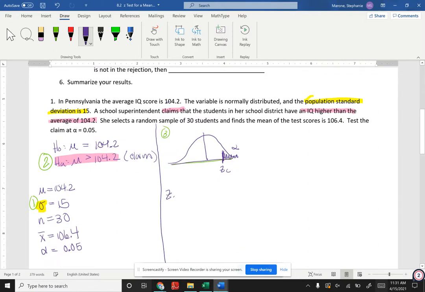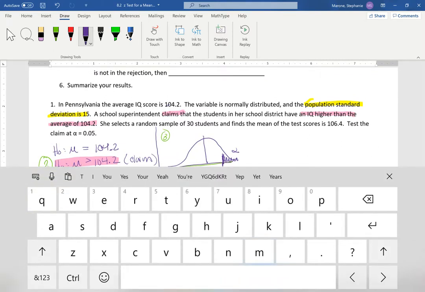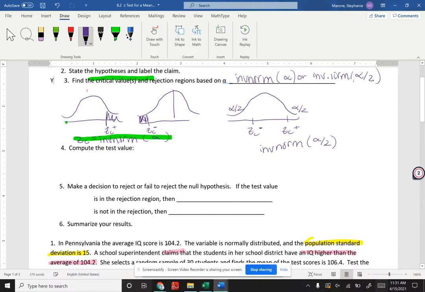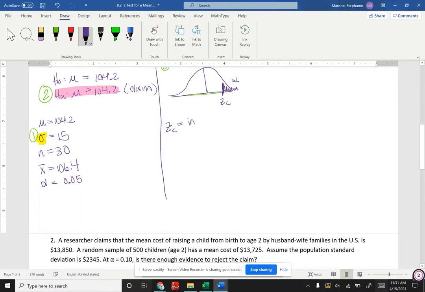So this one is a one-tail test. So we do the inverse norm of alpha, which was 0.05. If we do that, I get out a negative 1.64, but this has to be a positive 1.64. We need to use a positive because it's a right tail test.